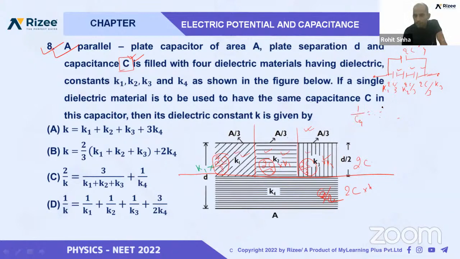It will be 3 by 2K1C plus 3 by 2K2C plus 3 by 2K3C. We know 3 by 2C will be common. We can write C equivalent is equal to 3 by 2C common, that means 1 by K1 plus 1 by K2 plus 1 by K3 like this. This is C equivalent of these three series ones.